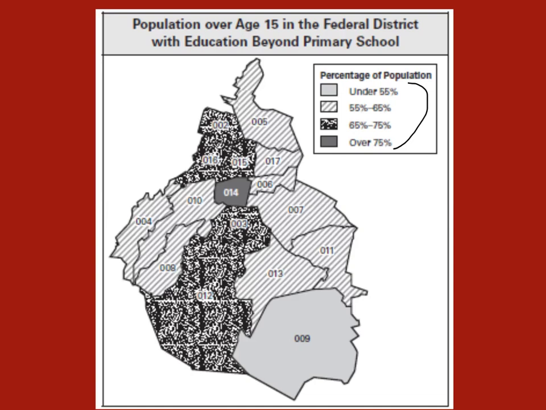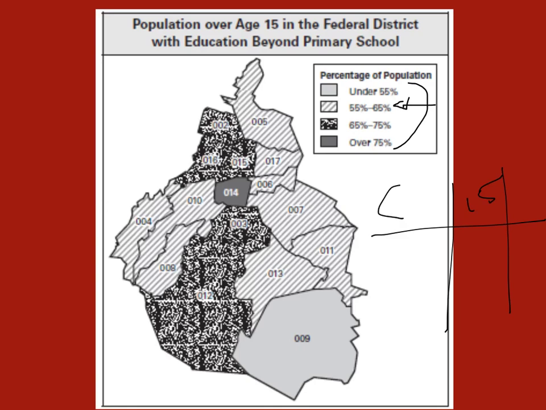We see that we have under 55%, 55 to 65%, 65 to 75, and over 75%. We would fit into this category right here, the 55 to 65%. And so again, in our chart that we have over here, we're going to add one to it right here, in the middle category.